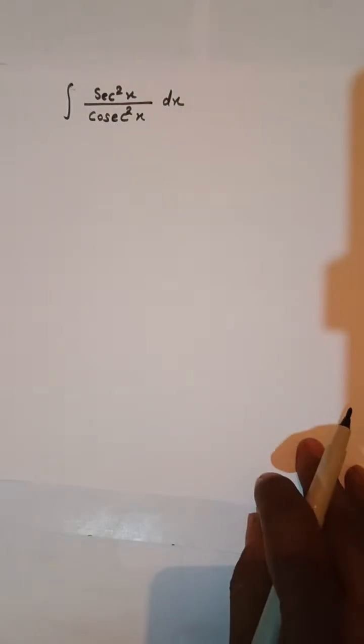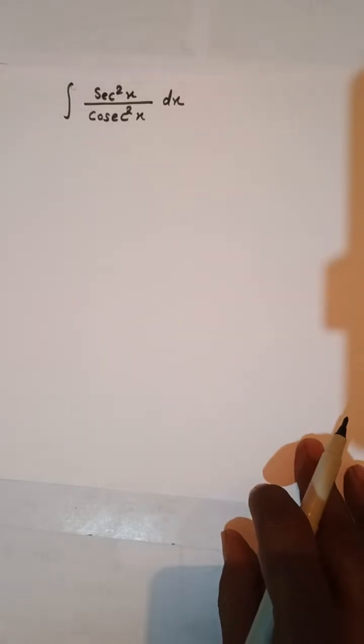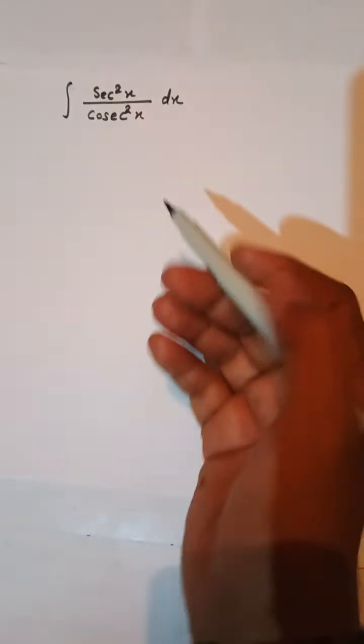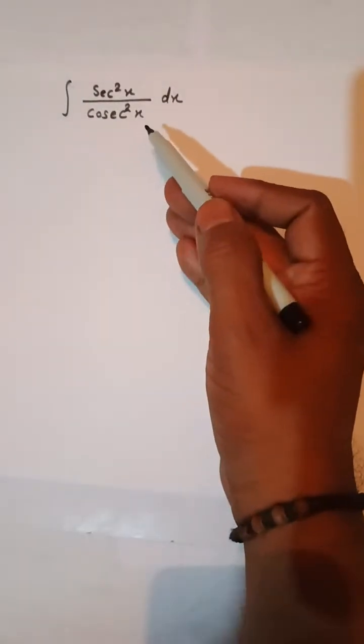How can we solve this one? You can see here sec square x and here cosec square x, right?